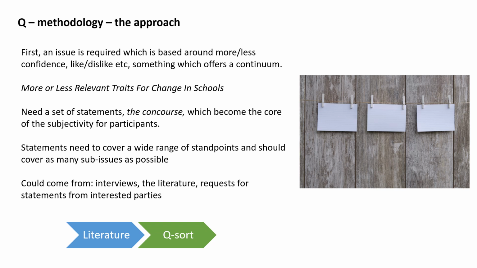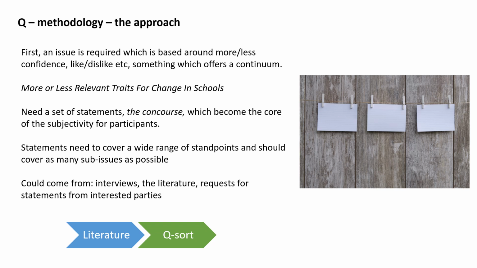And when you're deciding where those statements ought to come from, how you create that group of statements, they can come from interviews. One of the things you could do is do interviews with a series of people, try to work out what all the themes are that are coming out. You're hoping for a spread of views across those people so that you get a spread of potential statements.